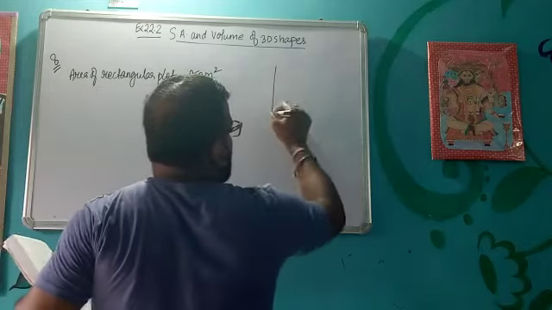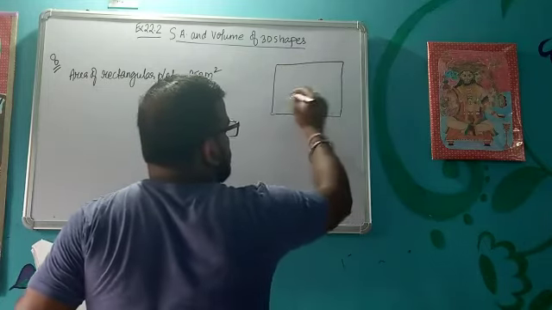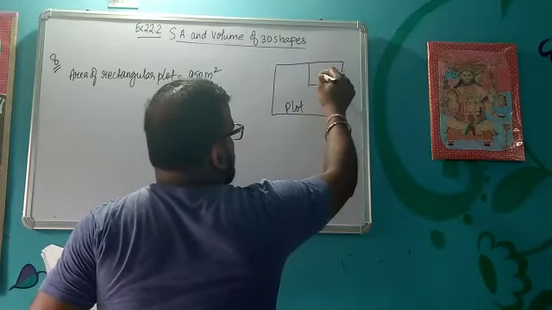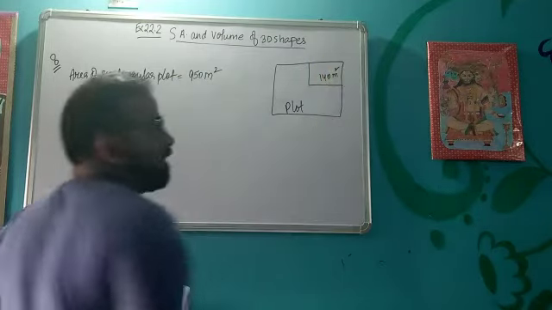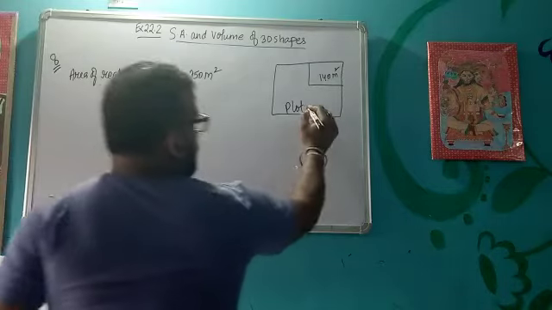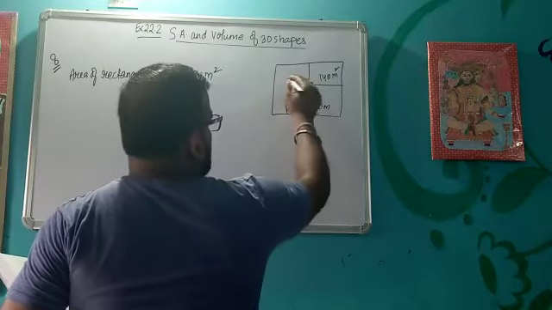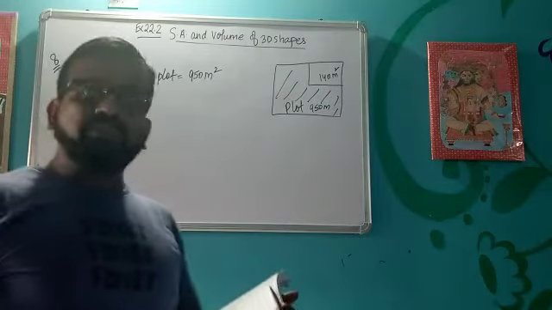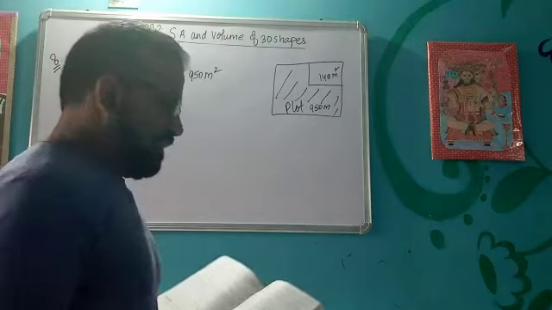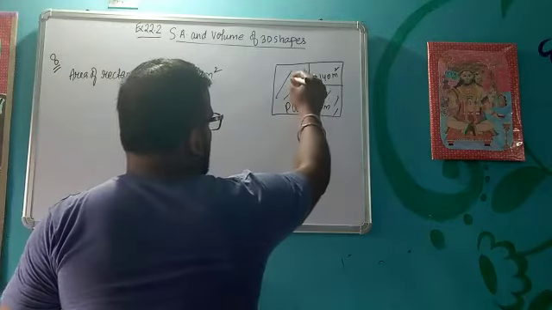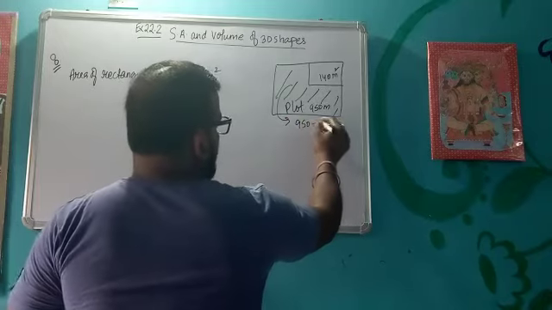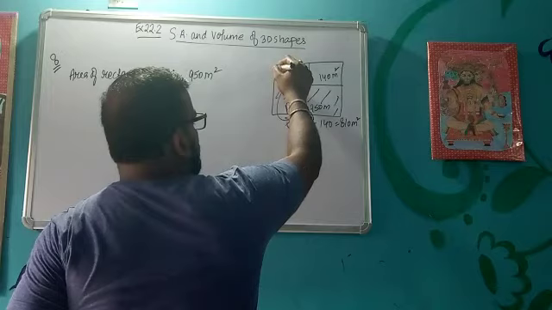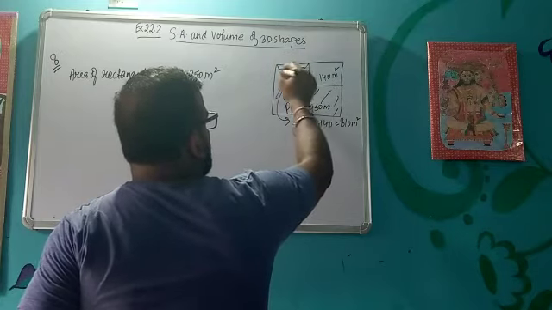So suppose this is the plot, and a house is there which covers only 140 meters square, and this is 950 meters square. So this area is covered with a 20 centimeter layer of soil. That means how much will this area be? This area will be 950 minus 140, that is 810 meters square, and this is to be covered with some thickness of soil like this.